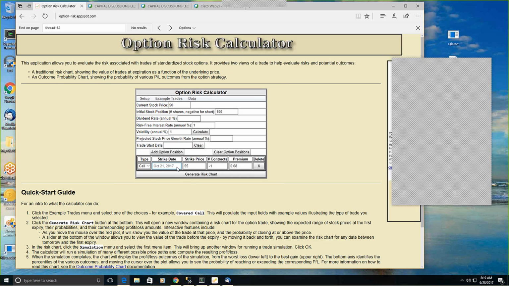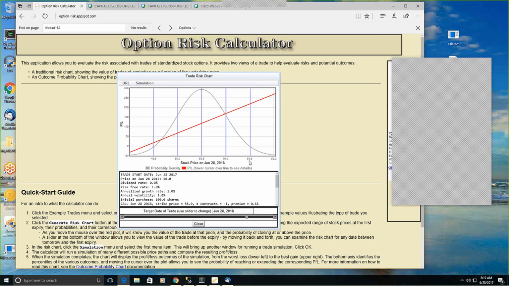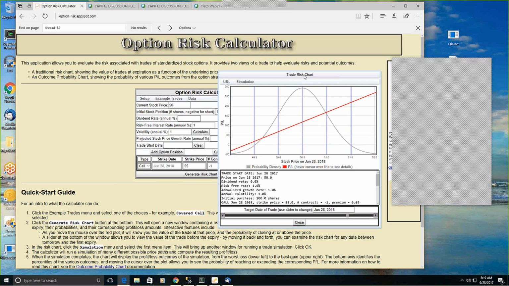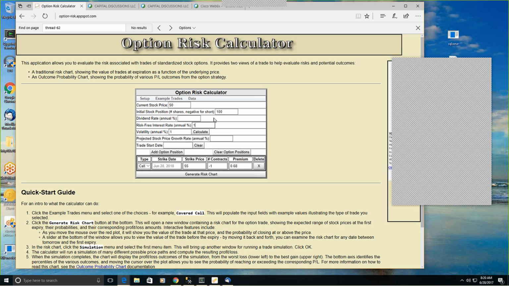So to make this stand out a little bit more, I'm going to set our expiry out to a year away. Today is June 28th, so let's set it to June 28th, which I realize isn't the third Friday, but it's just math. So now we're looking at the projected outcome a year out with an annualized growth rate of 1%. In fact, to make it more obvious, I'm going to set this rate to 10%.